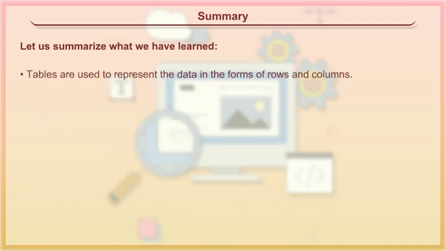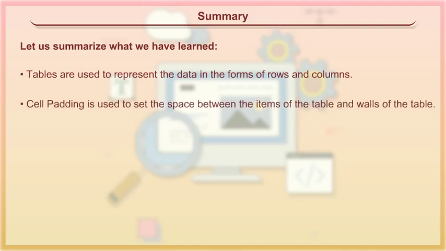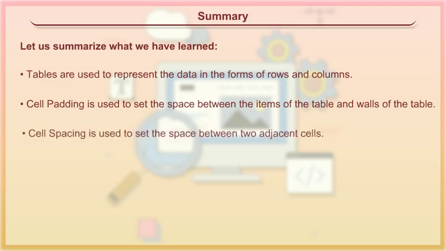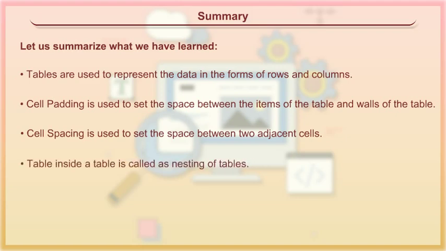Tables are used to represent data in the form of rows and columns. Cell padding is used to set the space between the items of the table and the walls of the table. Cell spacing is used to set the space between two adjacent cells. A table inside a table is called nesting of tables.